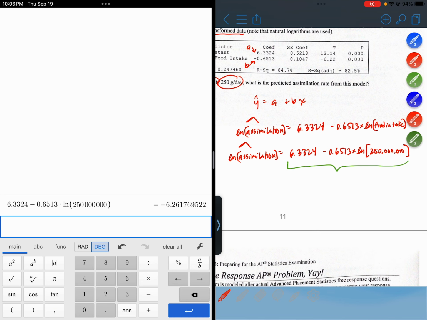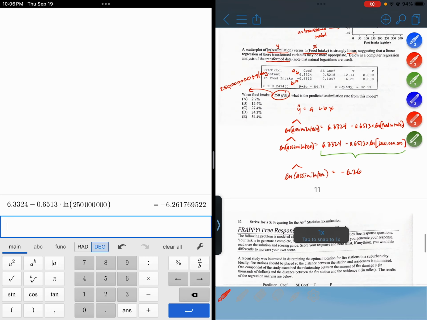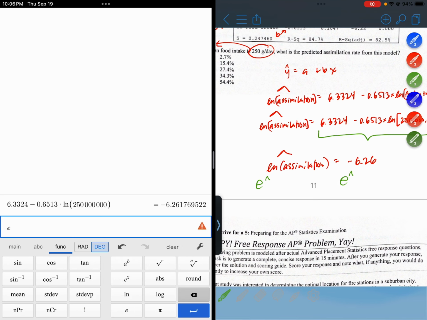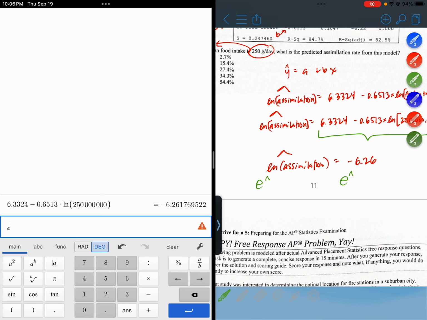So the predicted natural log of assimilation is equal to negative 6.26. Now we need to unnatural log this. So e raised to that. Let's do base e raised to the previous answer.